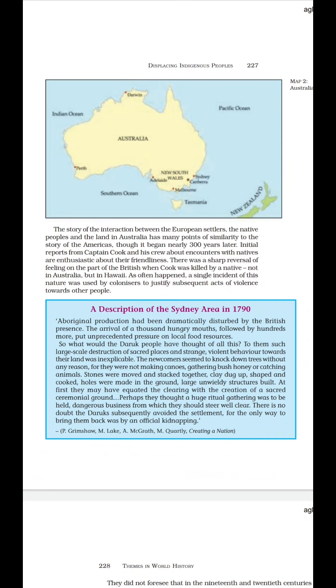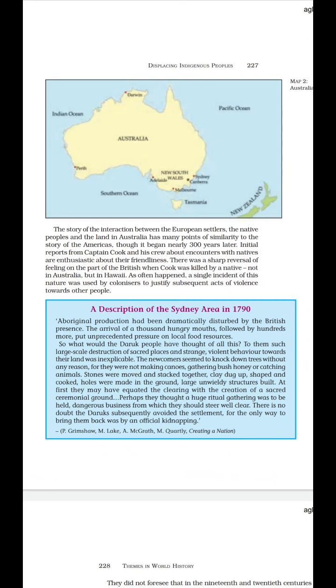Now the story of interaction between European settlers, native people and the land in Australia was similar to that of America, as it started 300 years later, but still it was similar to that of the Americans. Now the reports we get from Captain Cook and his crew say that the natives were enthusiastic and of friendly nature, but a sharp reversal took place on the part of the British.